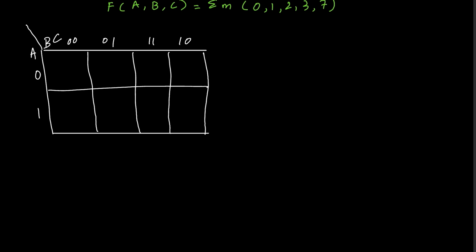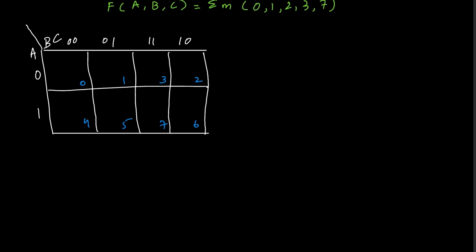And we will have to number the boxes as well, and the way we will do it is in an incremental way. 0, 1, 2, 3, 4, 5, 6 and 7.